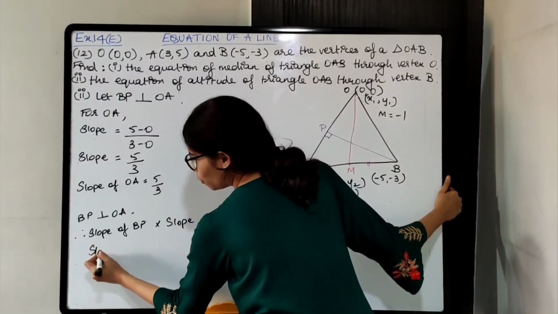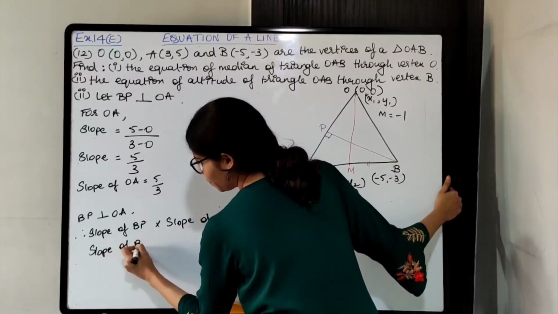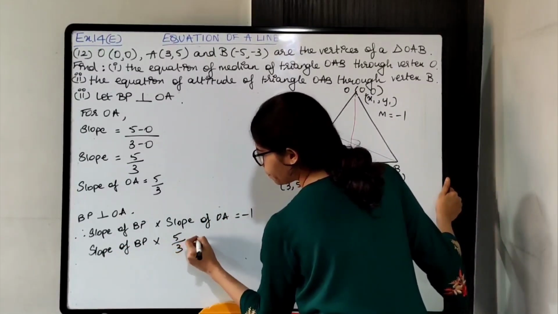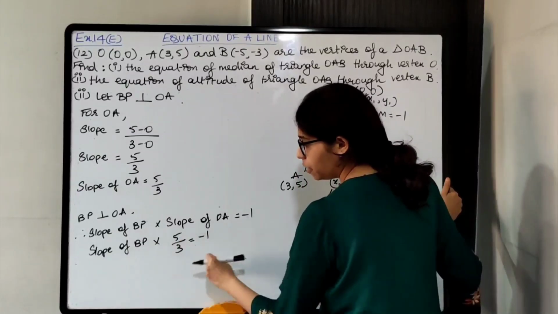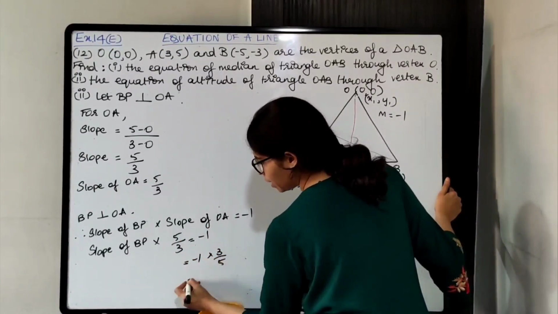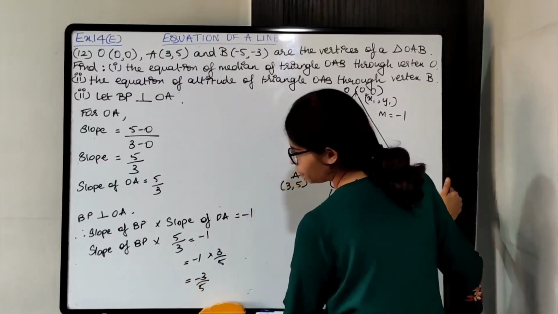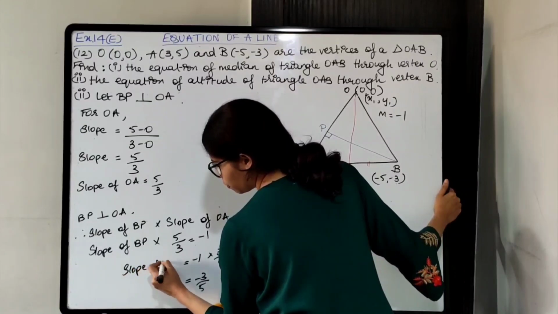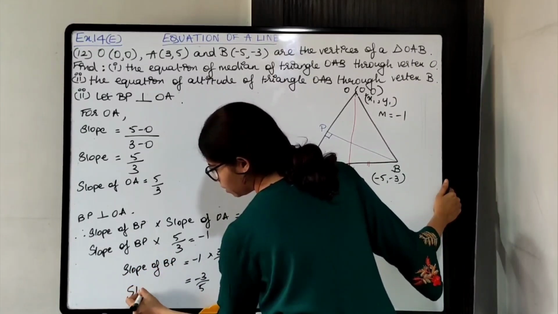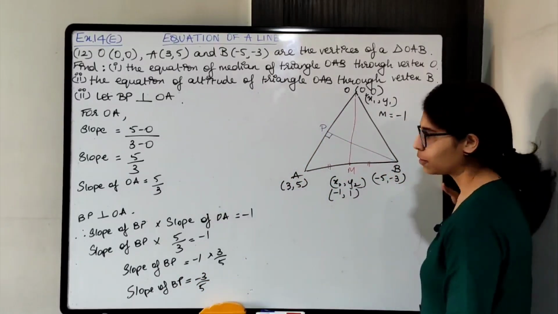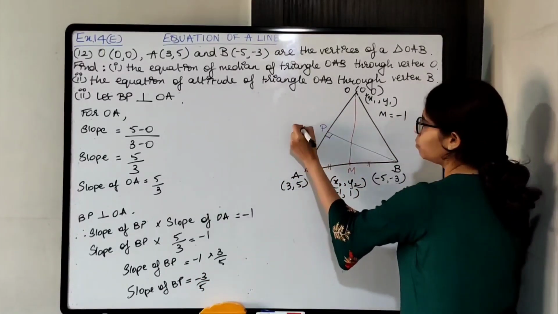So slope of BP into slope of OA, 5 by 3, is equal to -1. We'll shift this on the other side, so reciprocal हो जाएगा. That gives -3 upon 5. Okay, so slope of BP is -3 upon 5. All right, we got the slope.